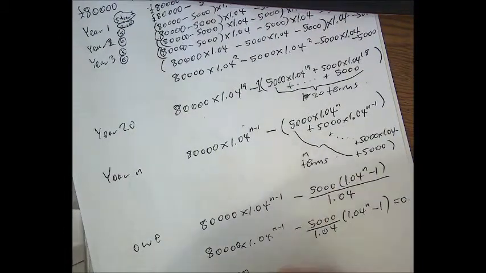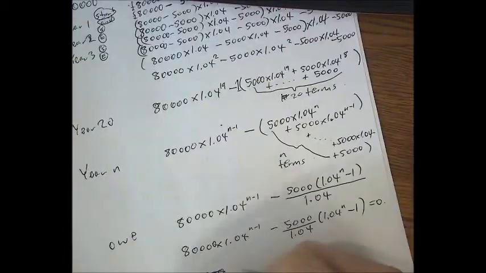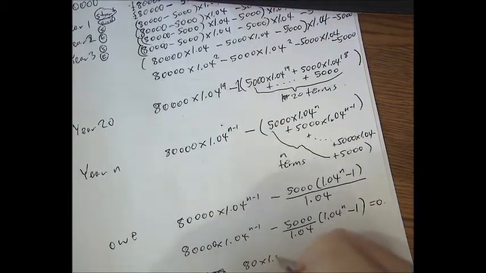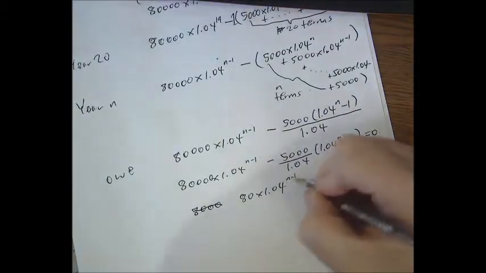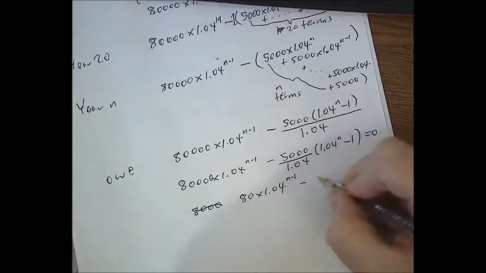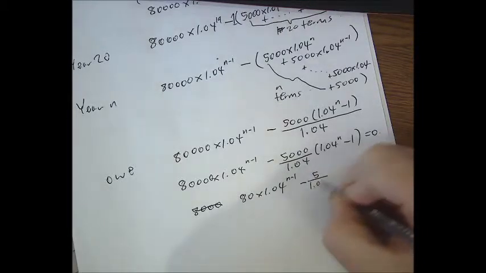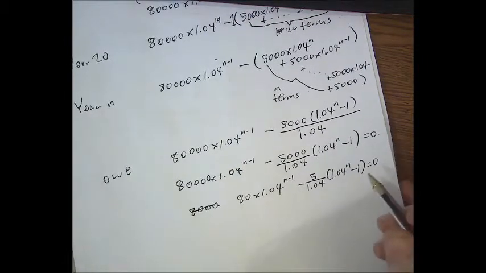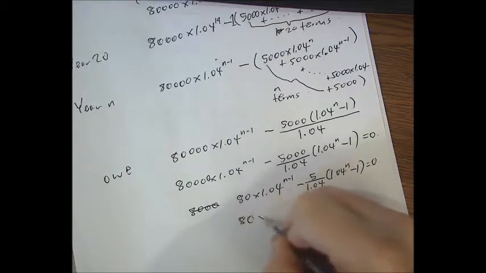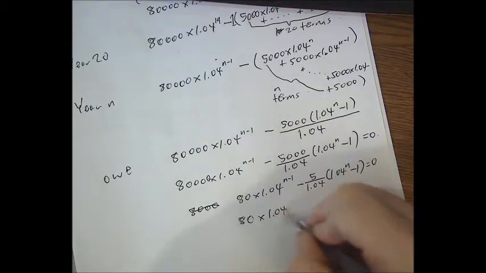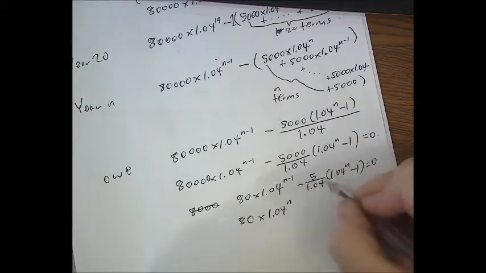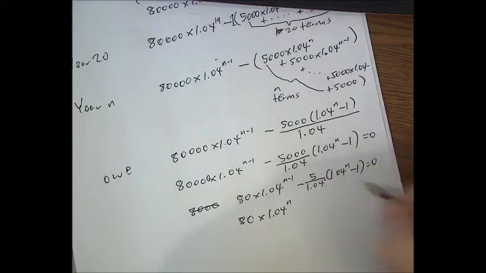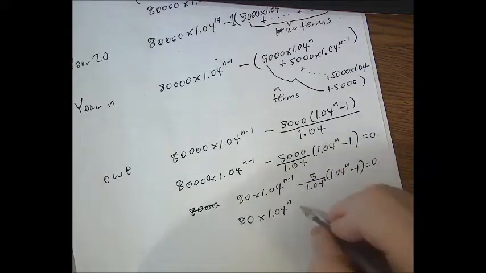I'm going to divide both sides by 1,000, just to keep it nice and neat. I'm going to times everything by 1.04 because I hate fractions. Here I'm just adding the powers. There's a power of 1 there. You times that. N minus 1 plus 1 will be n.